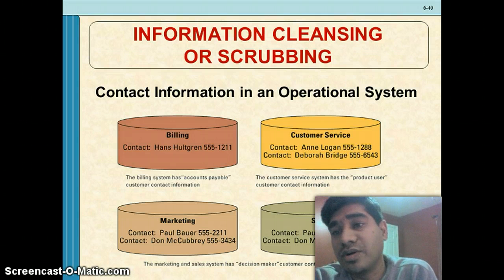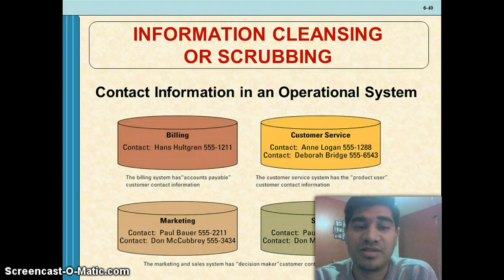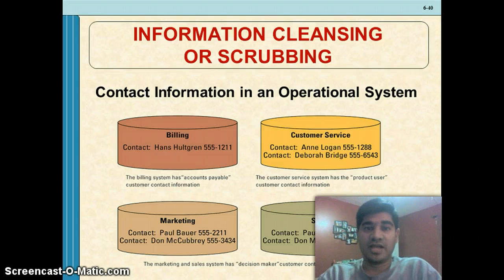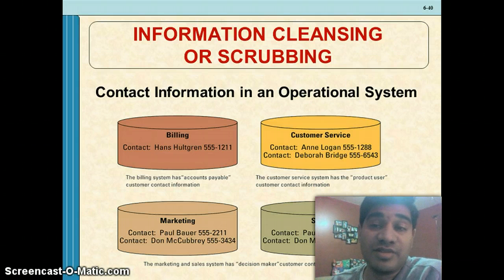So determining which contact is accurate and correct for this customer depends on the business process that is being executed. You can see that Hans Hultgreen has no area code added on. And then you have Anne Logan, which again has no area information for all of the databases, and that can be a problem if the business decides to move to a different state or a country altogether.